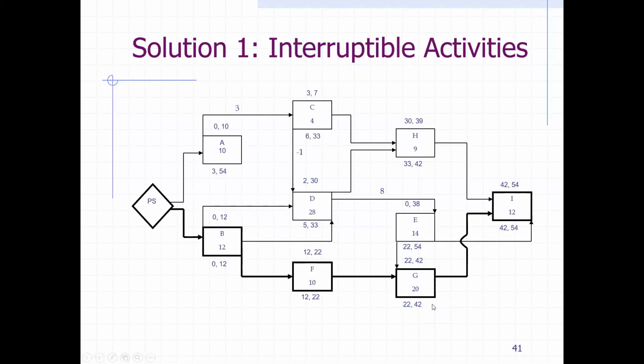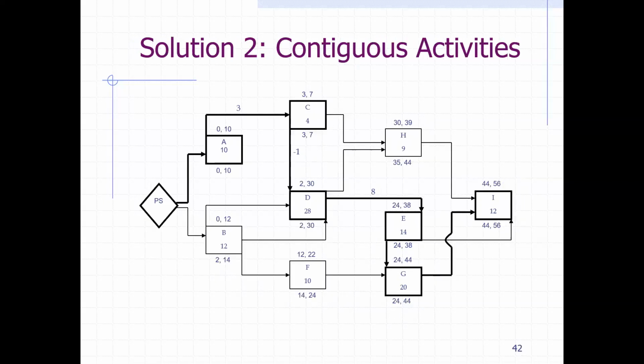The latest start, subtracting 20, then it's 22, and then you go back 22, right? And then you complete this. So what I wanted to focus on here is E, because E here is critical. The zero is new, and also the -2 and so forth. So that was the interruptible.